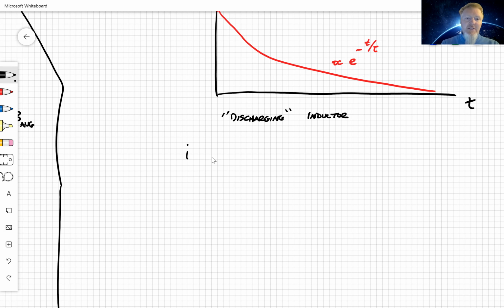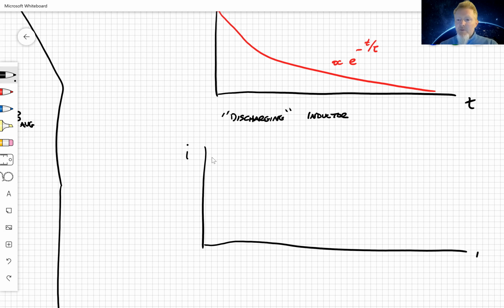So for a charging inductor, what does the graph of I versus t look like?